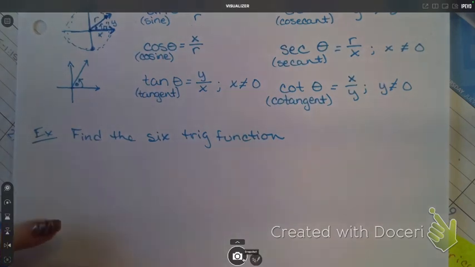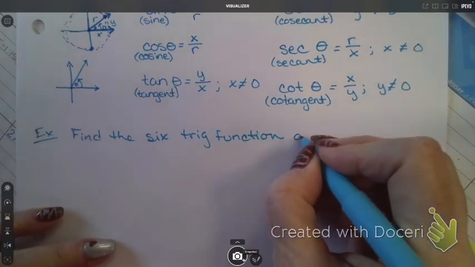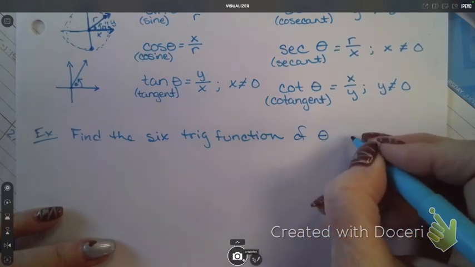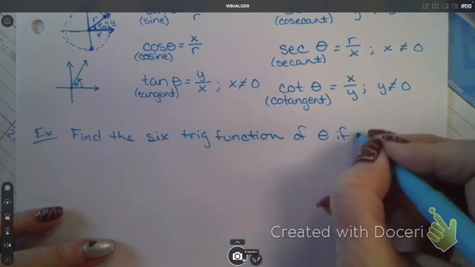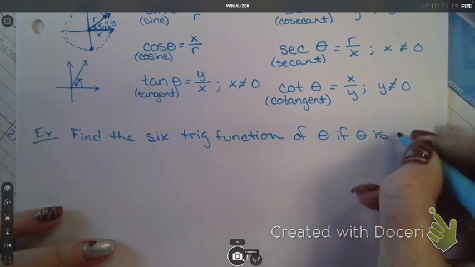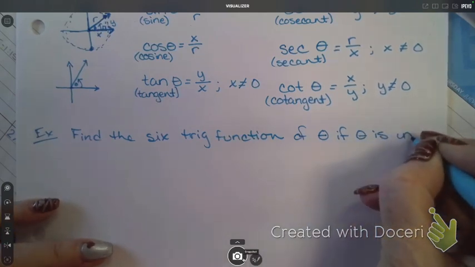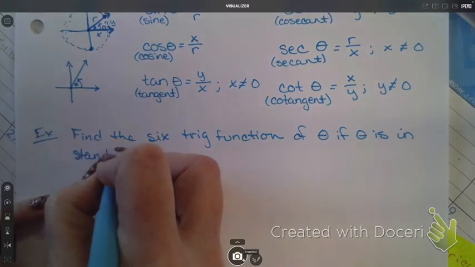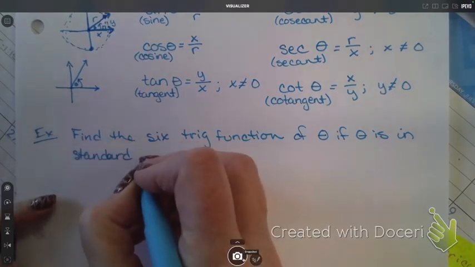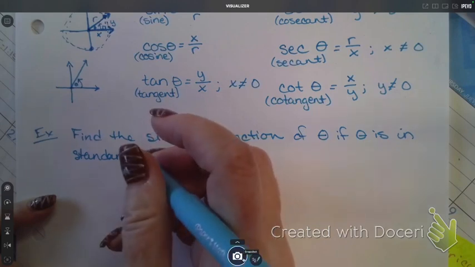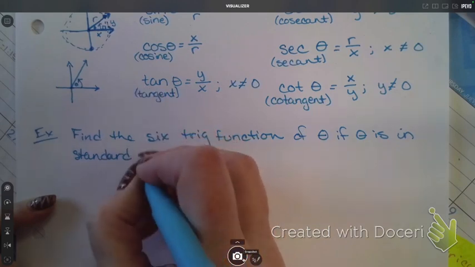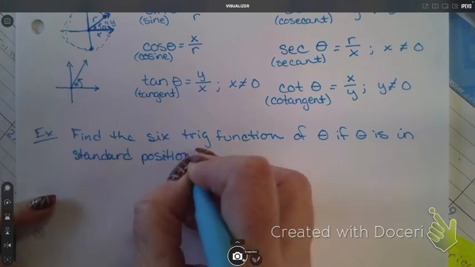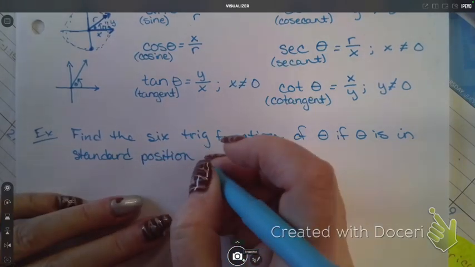Of theta, and it goes in detail, of theta, if theta is in standard position. Why is it important to know standard position? Where does it put the vertex? 0, 0.